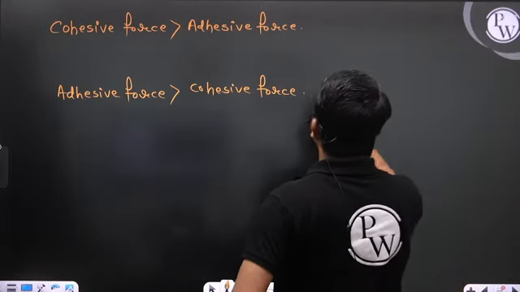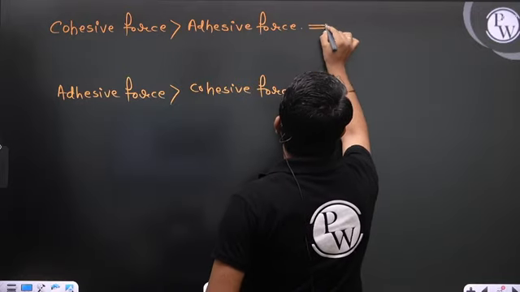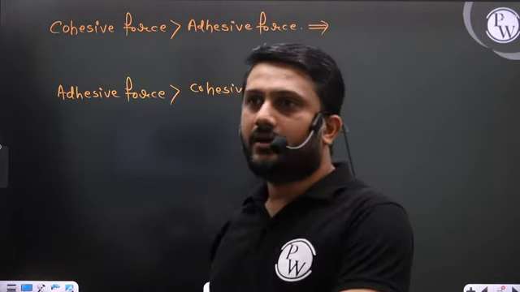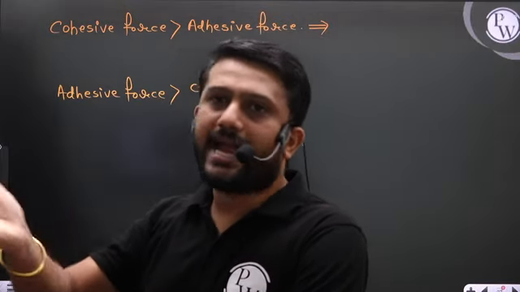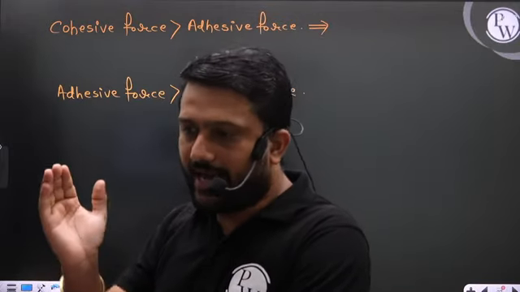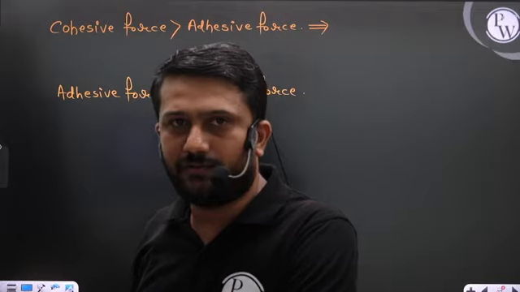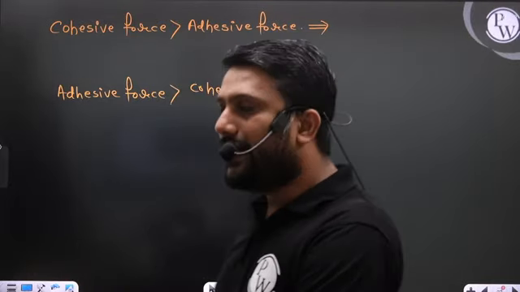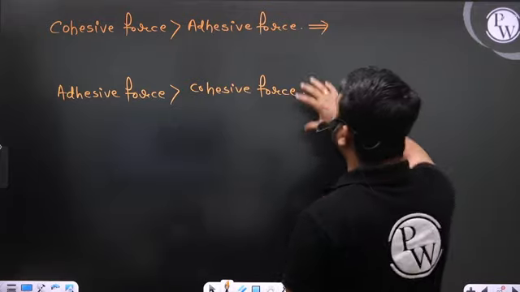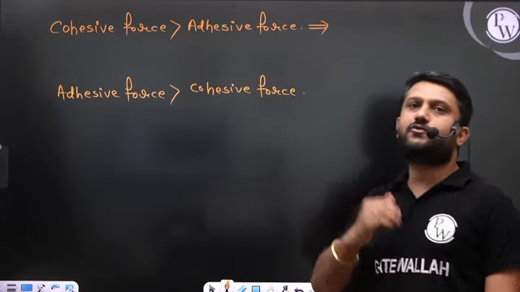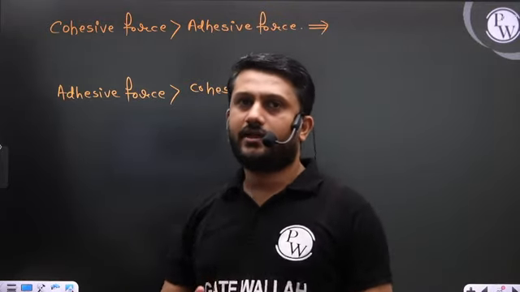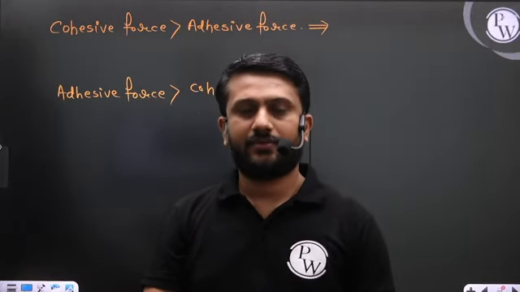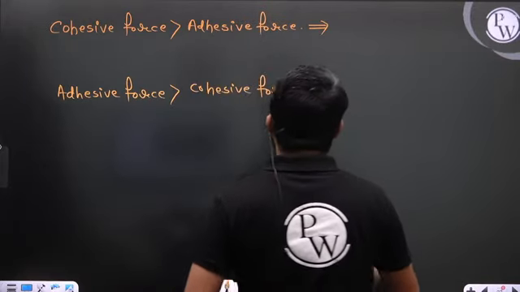So beta, in that type of liquid where cohesive force is greater than the adhesive force, for example mercury, capillary fall occurs.